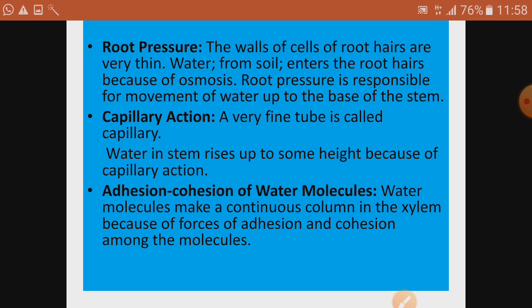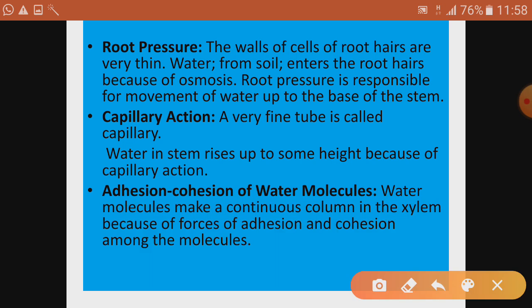Water moves in the xylem and there is some force of attraction between water molecules. So force of attraction between water molecules is called cohesion, and force of attraction between water molecule and the wall of the xylem is known as adhesion.